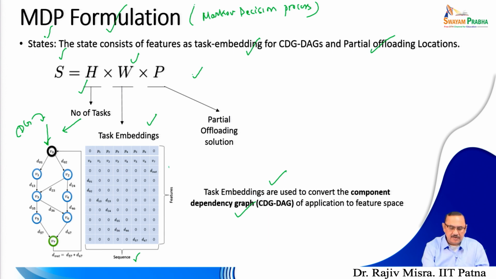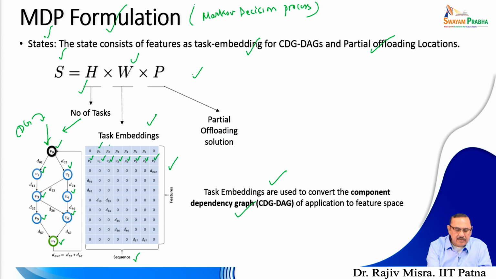So, this is called a feature space. For example here, let us say V0, V1, V2, V3, V4, V5, V6, V7, and these all have this partial offloading.